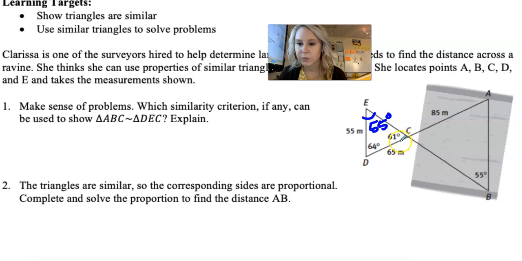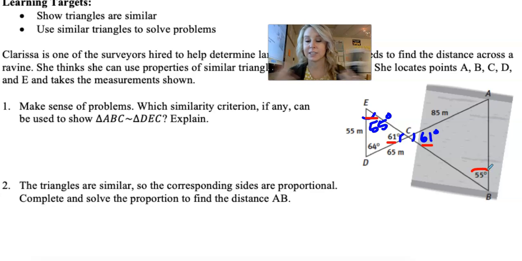I do notice some vertical angles. So this other angle C over here is 61. Based off of that, I have a 61 degree angle in one triangle and a 61 degree angle in the other triangle. I also have a 55 in one and a 55 in the other.